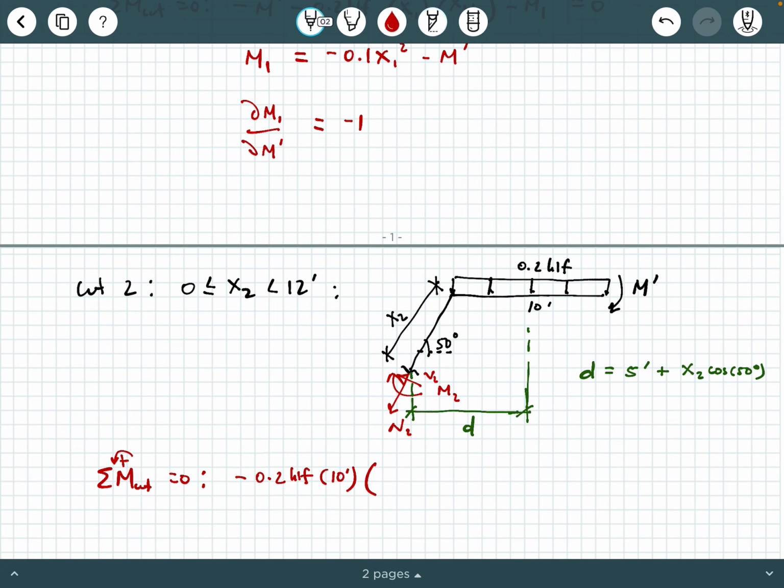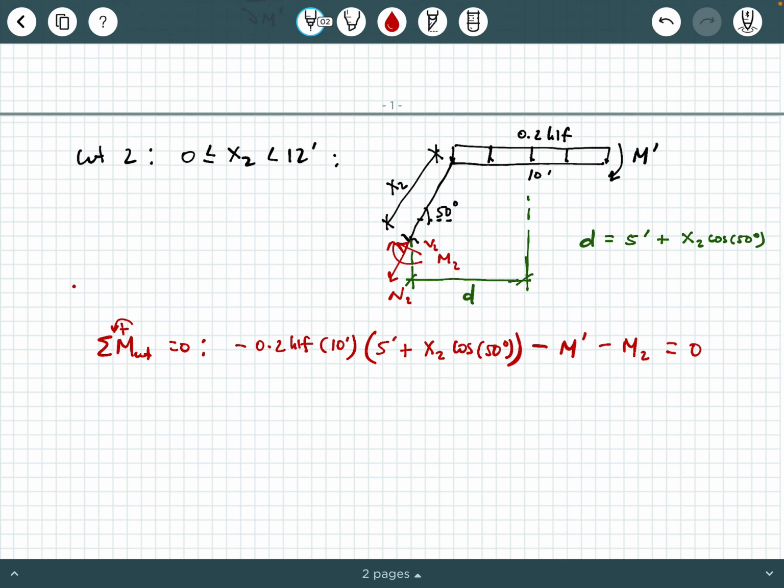So that's going to be 5 feet plus x2 cosine 50 degrees, all right? And then I'm going to say minus M prime, and of course, I've got the minus M2 at the cut equals 0, all right? So if you're a little rusty on your method of sections and your trigonometry, maybe pause the video, rewind it, watch it again, make sure you know where this comes from, all right?